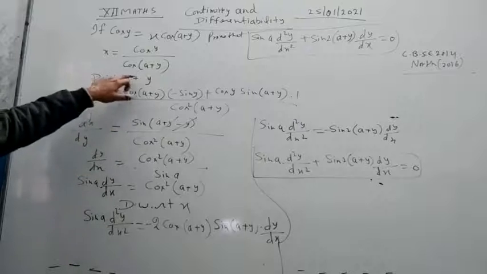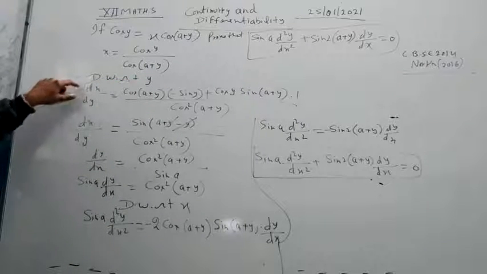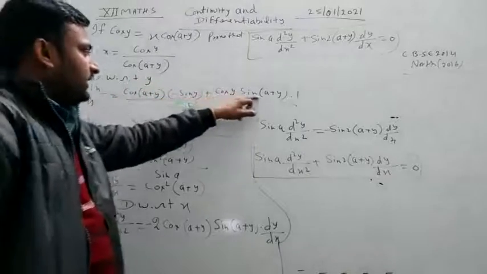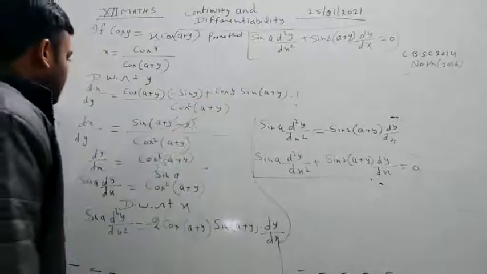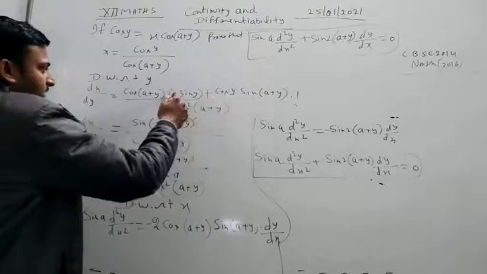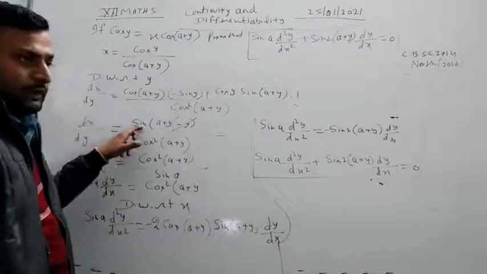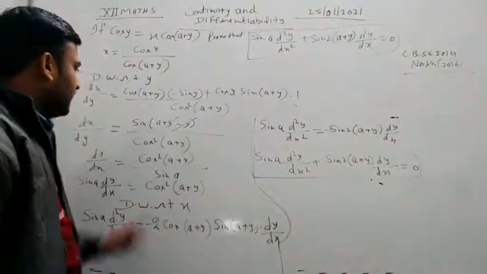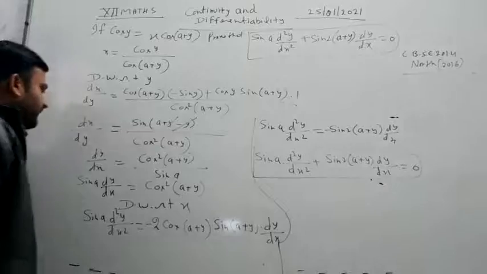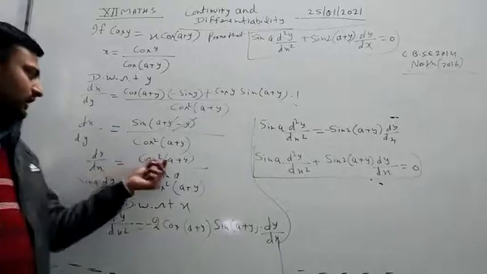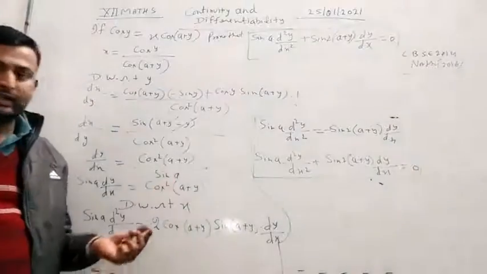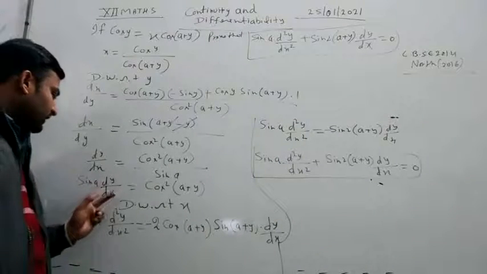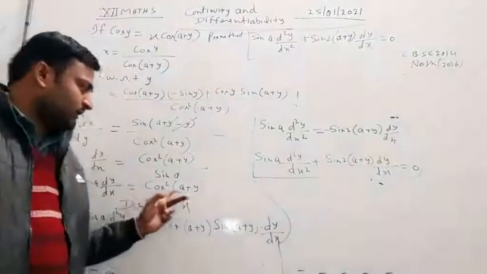Now differentiating with respect to y, we get dx by dy: d differentiation of n minus n differentiation of d by d whole square. So this is sin a cos y minus cos a sin y, which is the formula of sin(a minus y). From here the cos y and cos y cancel, and we get cos square (a plus y). So dy by dx is cos square (a plus y) by sin a. We take its reciprocal, and now doing cross multiplication, we get sin a dy by dx is cos square (a plus y).